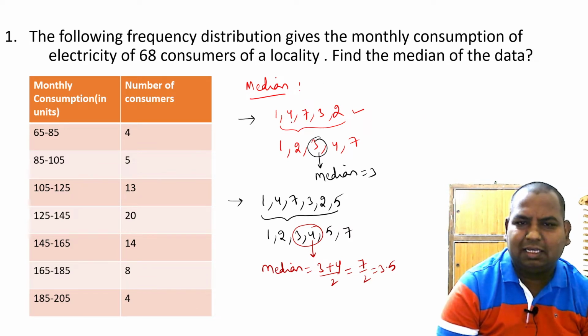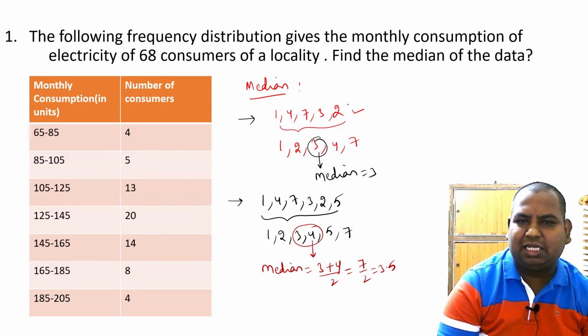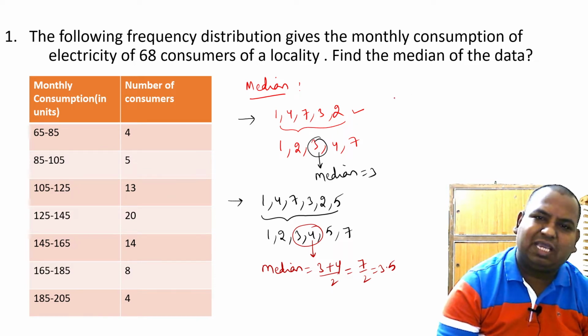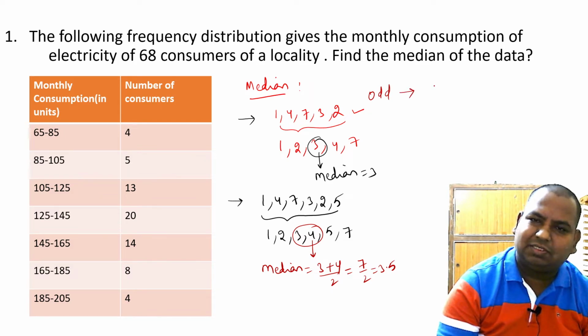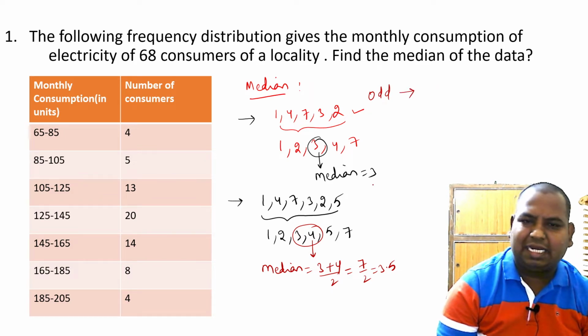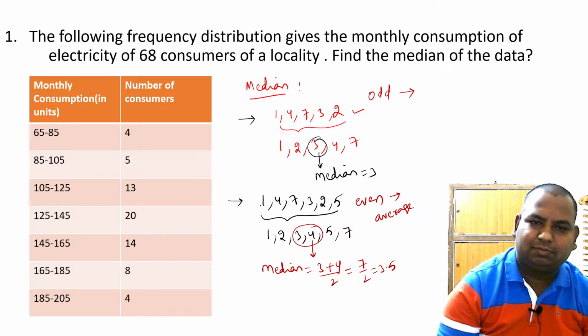Let me repeat once again: if you are finding the median for ungrouped data and you have an odd number of observations, you have only one middlemost value, so that is the median. But if you have an even number of observations, you need to find the average of the two middlemost values. Got it?